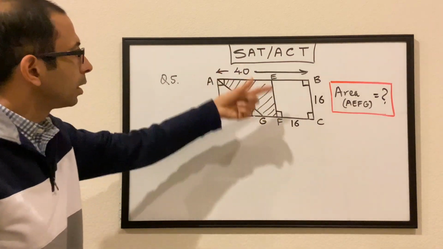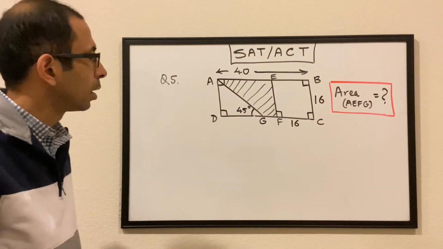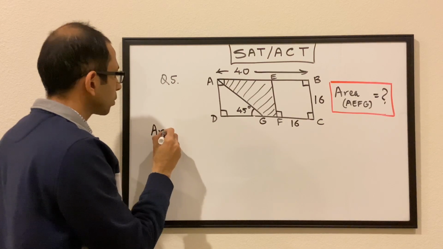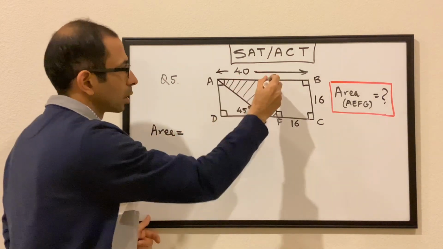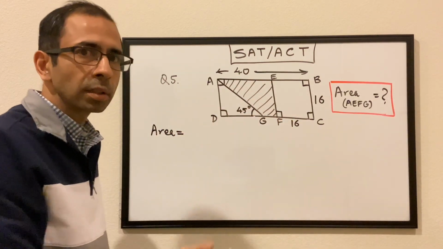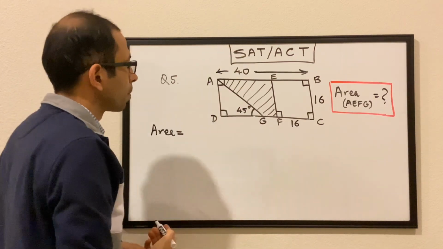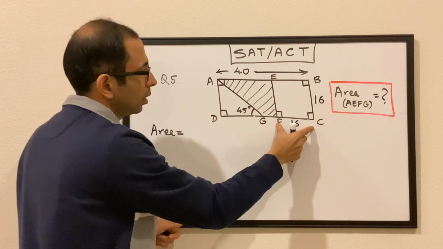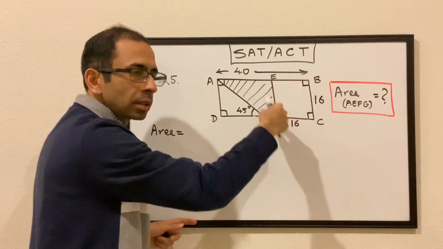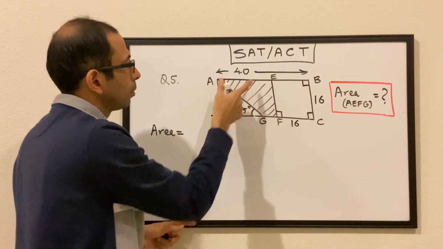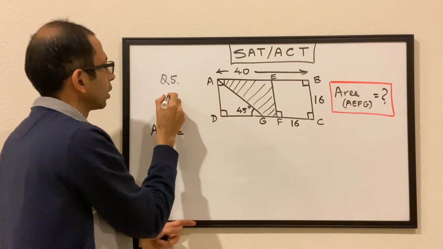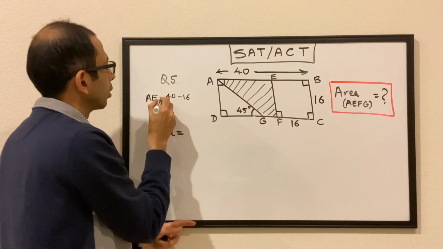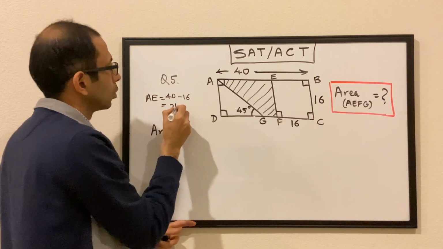Now clearly AEFG is a trapezoid, and the area of a trapezoid is the sum of the parallel bases times height divided by 2. So this is 16 and hence this is also 16, obviously this is a square. So AE will be 40 minus 16, which is equal to 24.